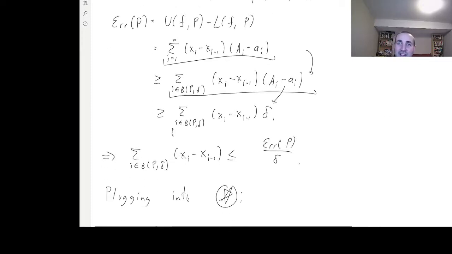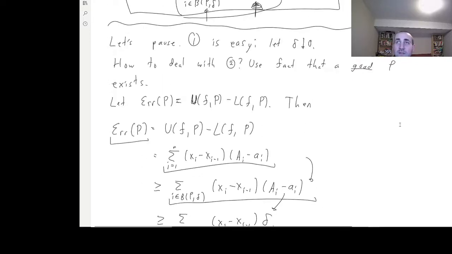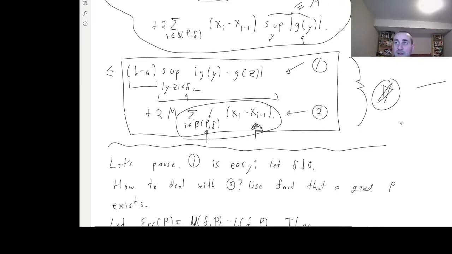But now I have the thing that I care about defined in terms of this function error of p that I have control over. So in particular, when I rearrange, I find this bound: the sum over i in B(p, delta) of x_i minus 1 is less than the error of p divided by delta. So I'm going to sub that bound back into my big bound star, which I calculated earlier.